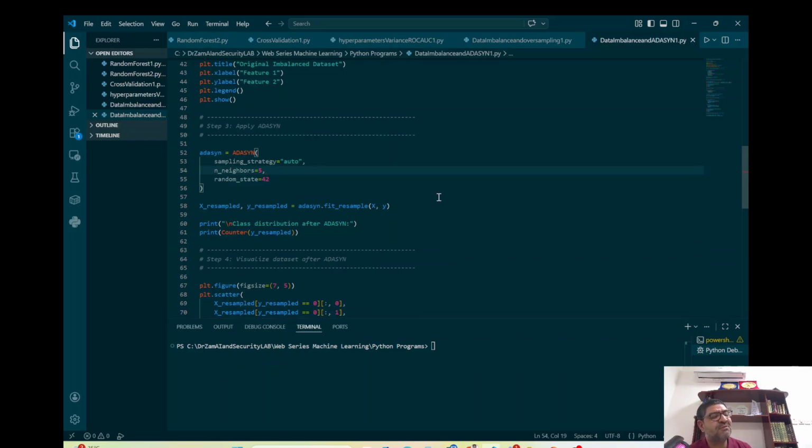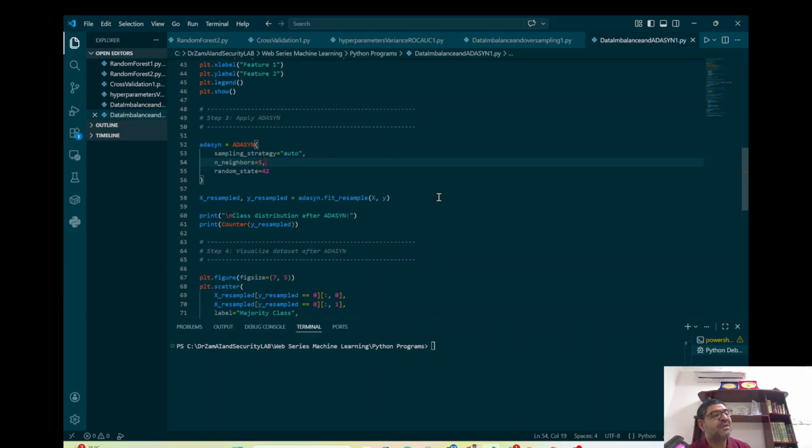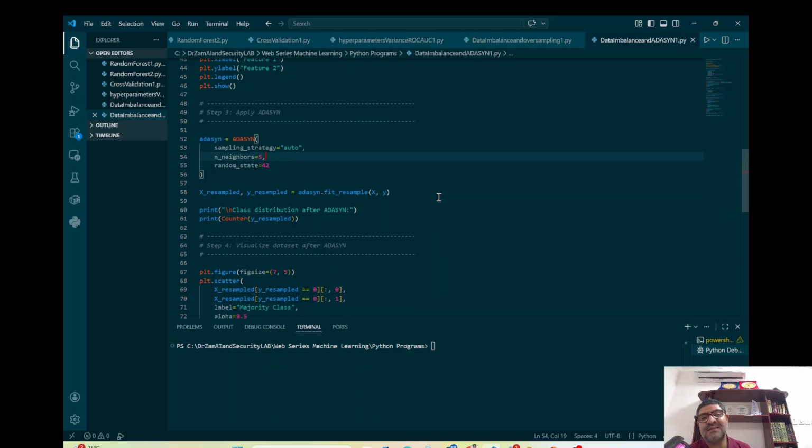So it will be filling in a different manner, not as randomly as other techniques which simply add synthetic values. It will be checking the minority class, analyze it completely first, and then, based on the deviation from the point, it will be filling the data there.